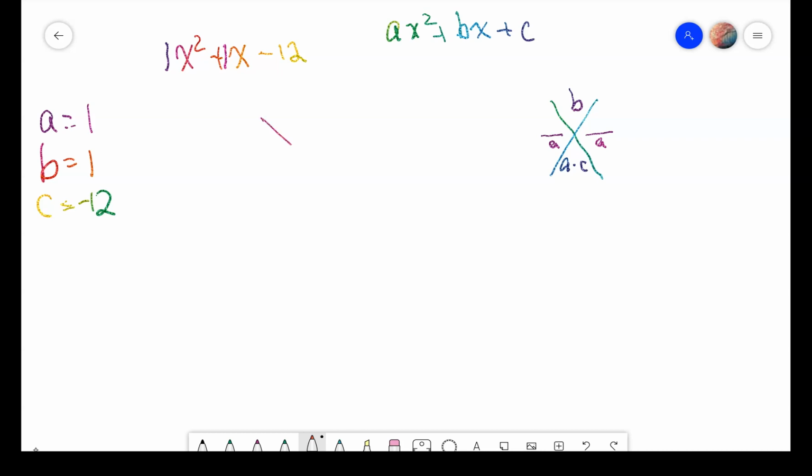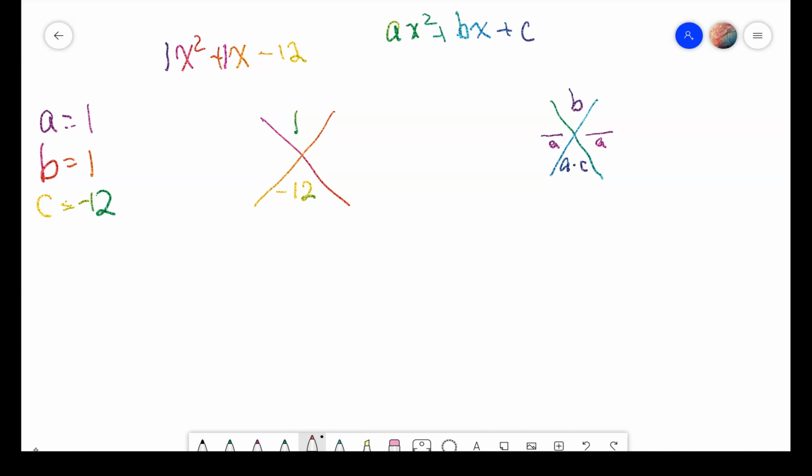Alright. So a times c. 1 times negative 12 is negative 12. Our b is 1. So what factors go into 12 that when added together would give us a 1?